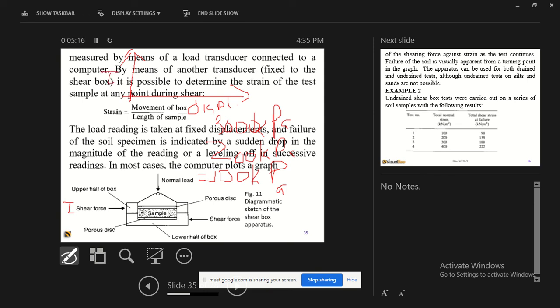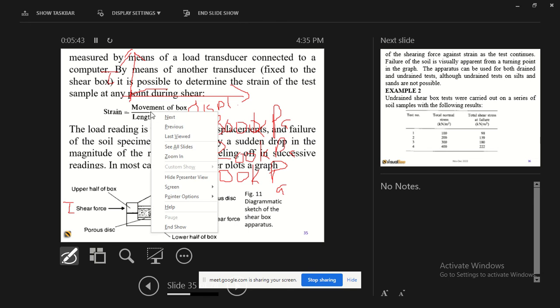So the displacement, for example, will be very small at first, but it will reach a point where the displacement will increase.